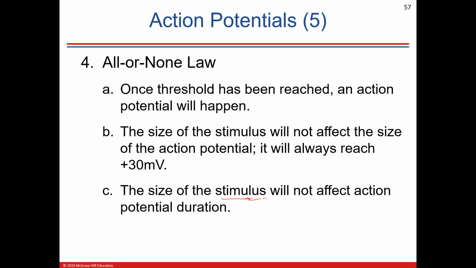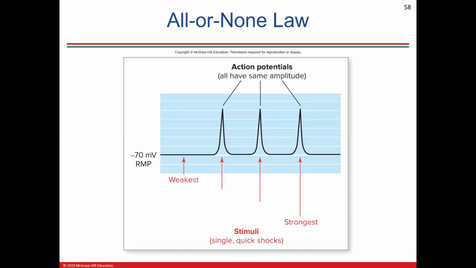So every action potential is basically the same, no matter how strong the stimulus is. And that's a really controlled mechanism when you think about it, and it has to be homeostatic. Again, we're looking at different stimuli, like from weakest to strong, right?